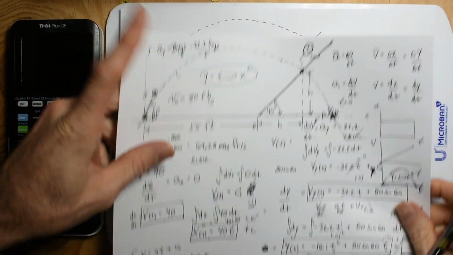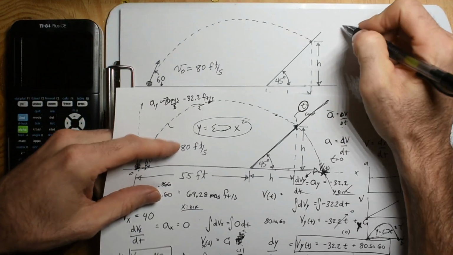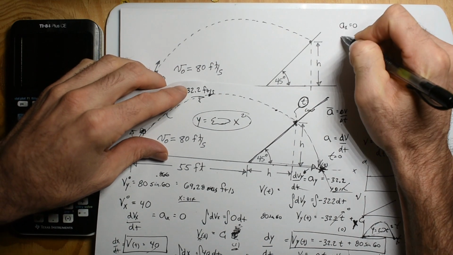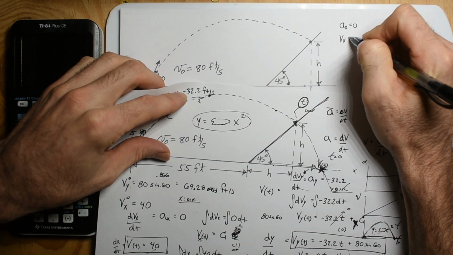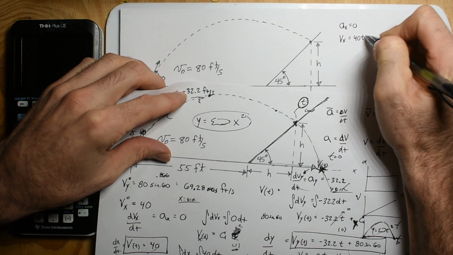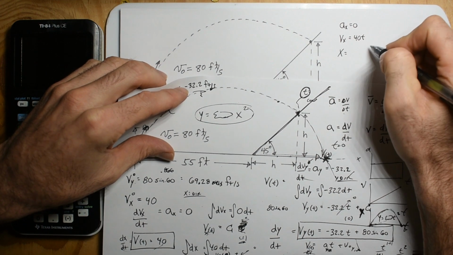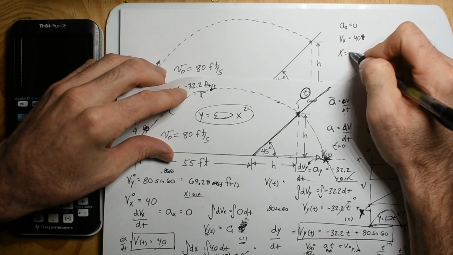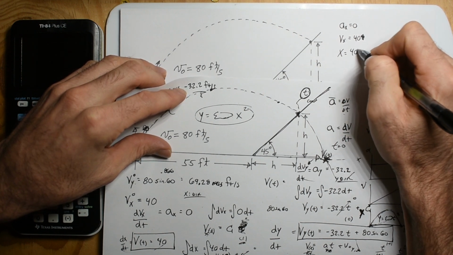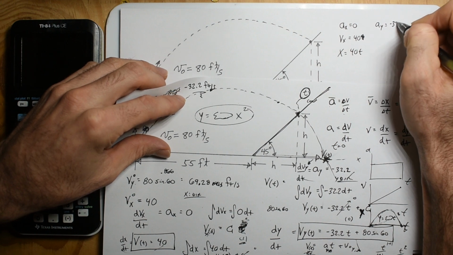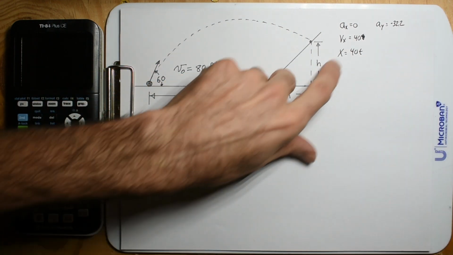And so I'm going to rewrite the equations. We have acceleration in the x is 0, velocity in the x is 40, position is going to be 40t. Acceleration in the y is negative 32.2.